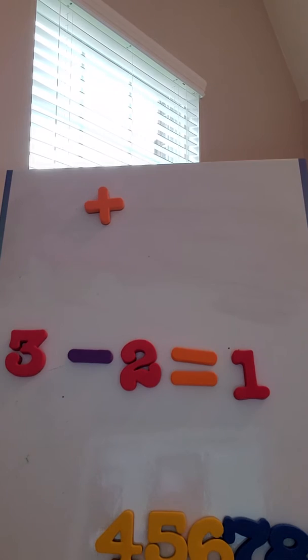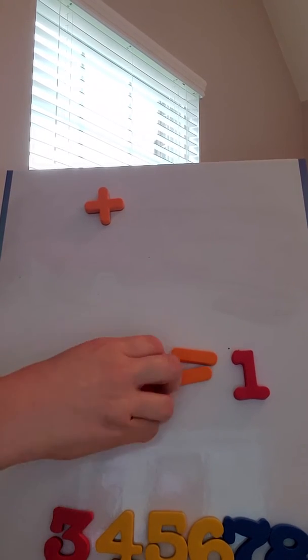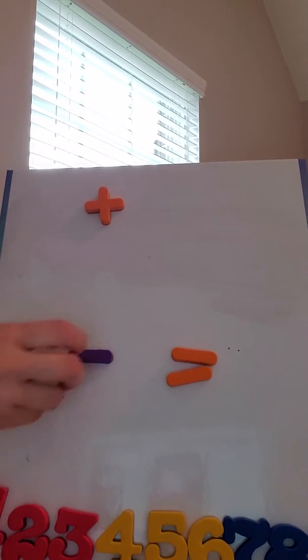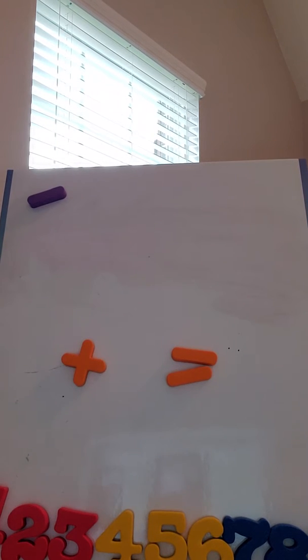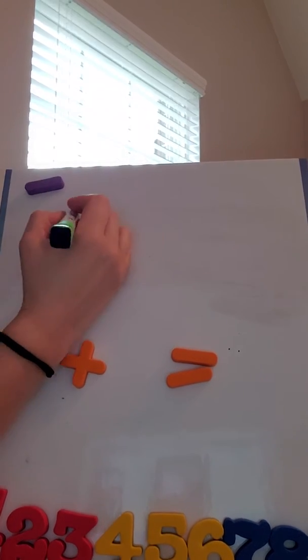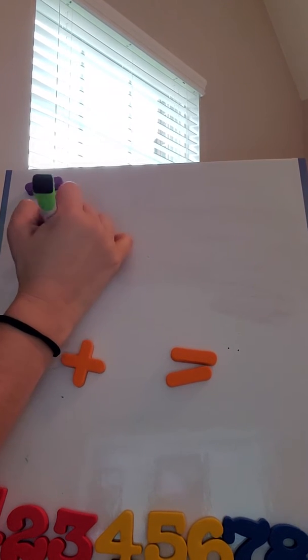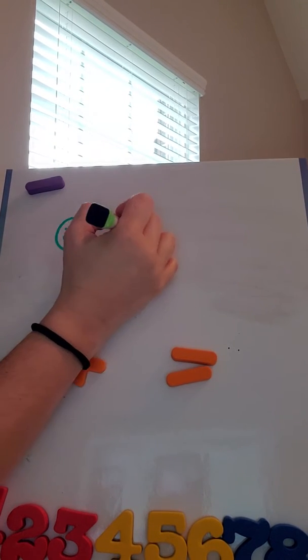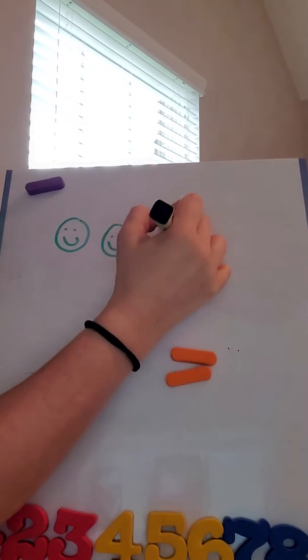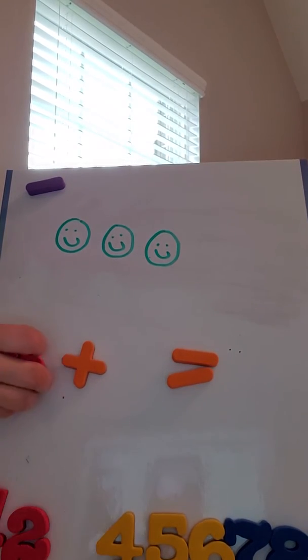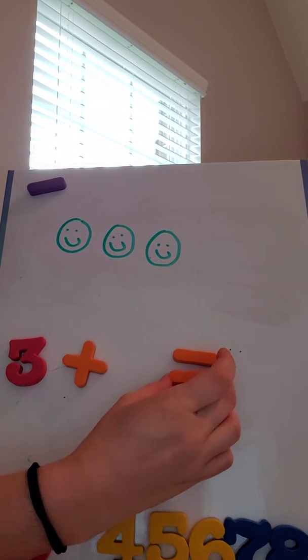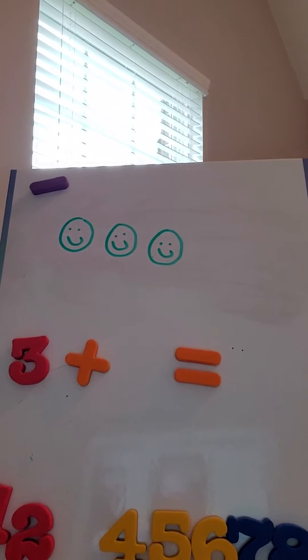So let's review the concept of adding and subtracting with 0 that they just went over. We'll start with addition, okay? So if I have 3 smiley faces, okay? So let's bring our number 3 up. And I add 0.